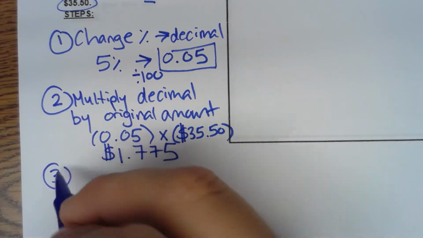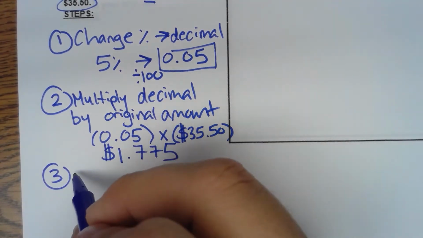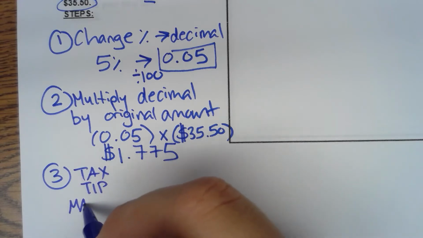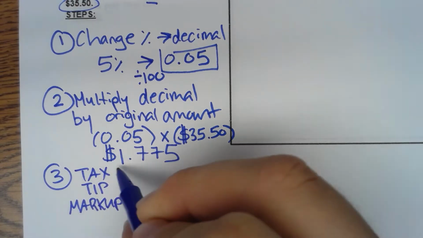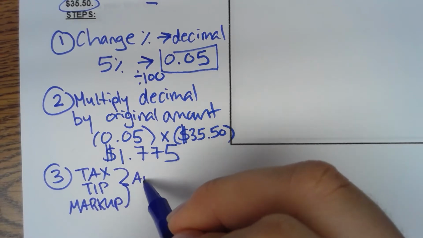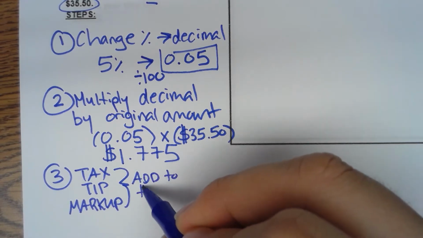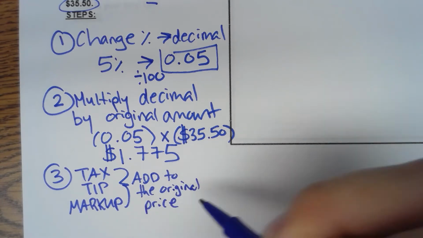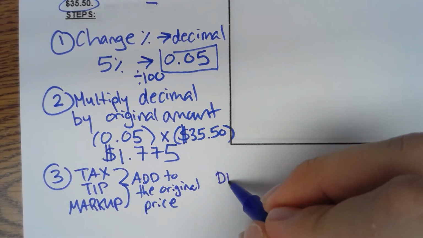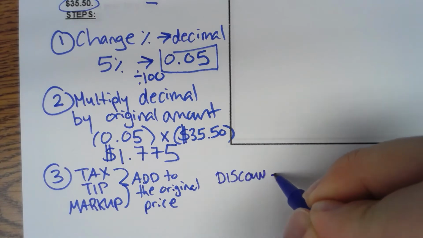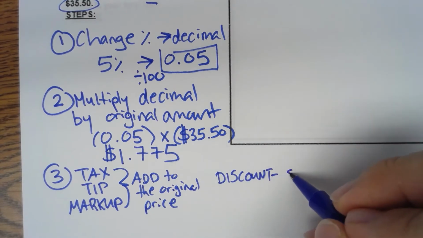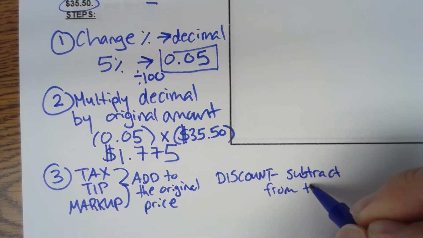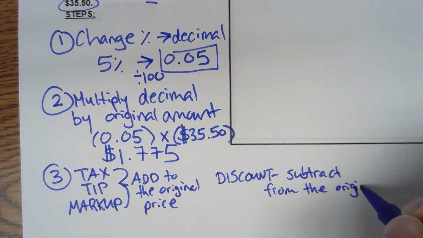Step 3. If you are doing tax, tip, or markup, you are going to add to the original price. If you are doing discount, which we'll do in a second, this is where you're going to subtract from the original price.